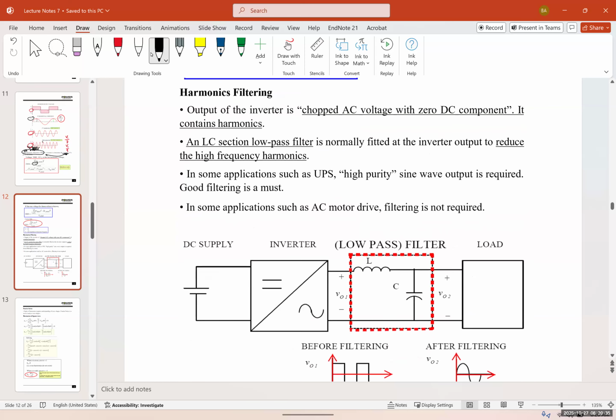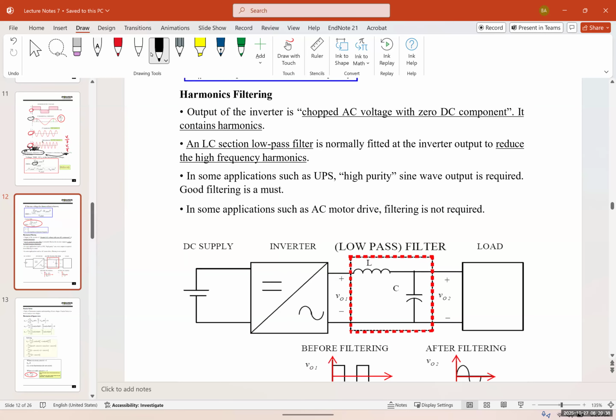Now, the first way to eliminate the harmonics, when you have unwanted frequencies and signals, is using filters. So as we know, we use harmonic filtering.